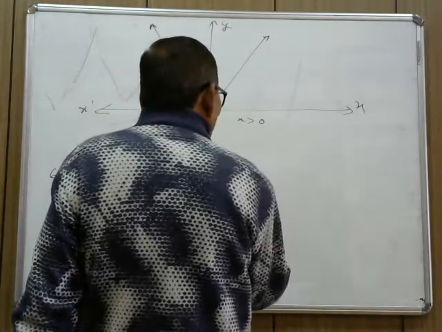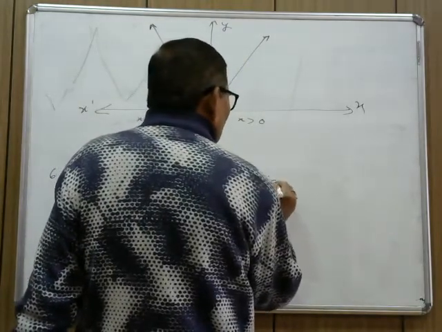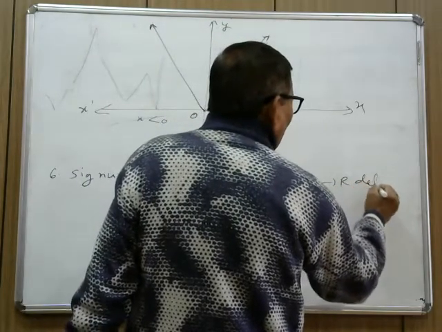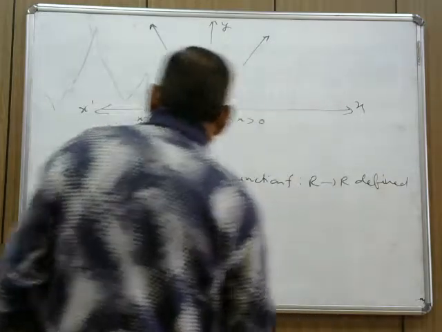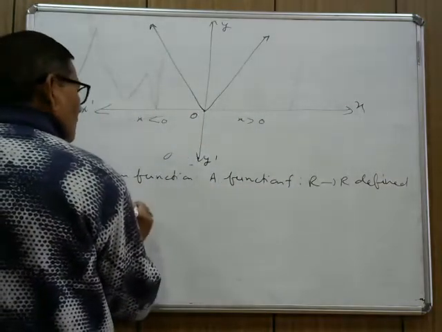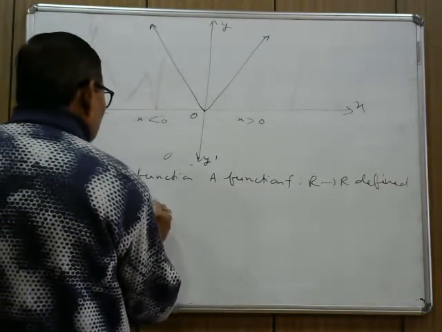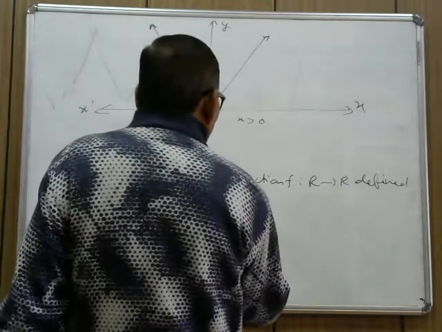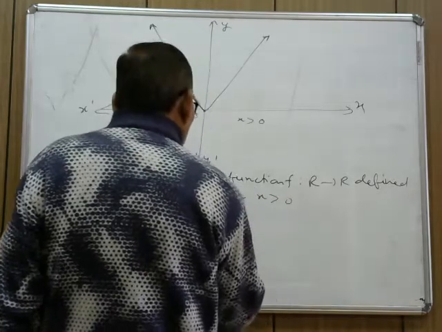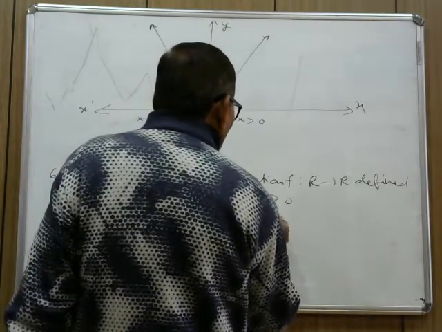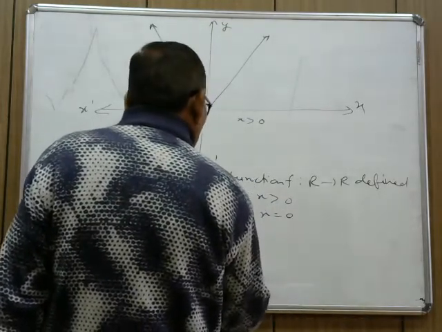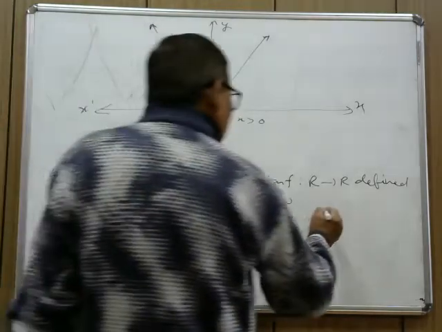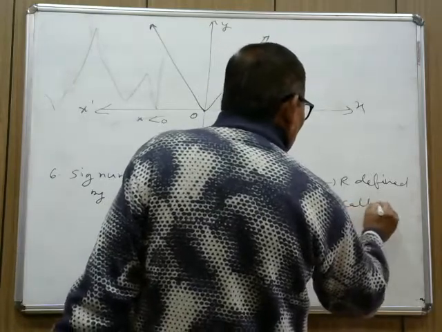A function f from R to R defined by f(x) equals 1 if x is greater than 0, 0 if x equals 0, and minus 1 if x is less than 0, is called the signum function.